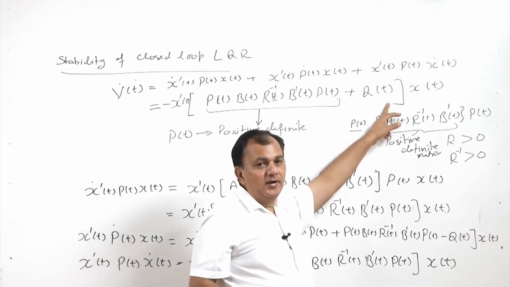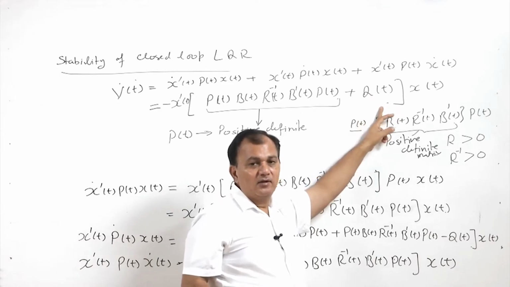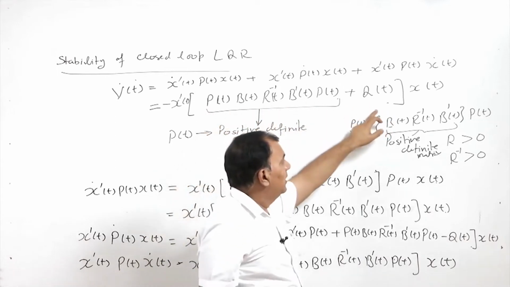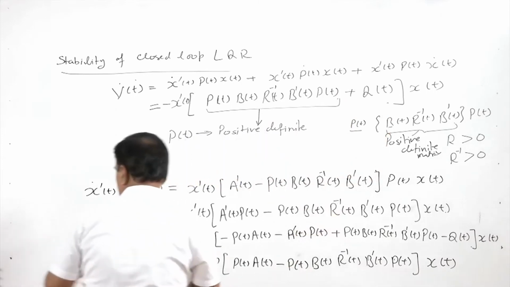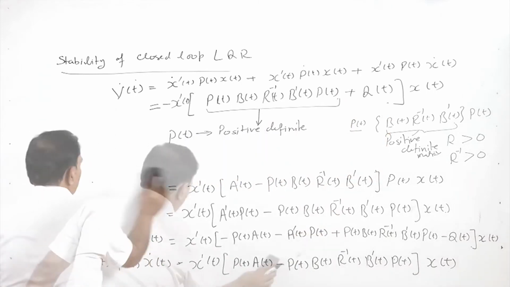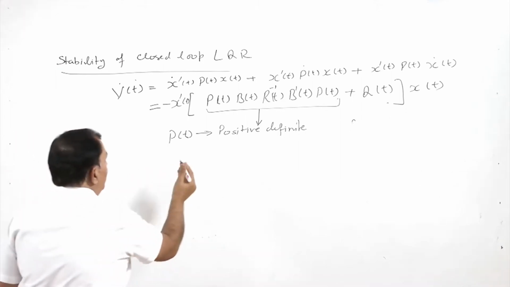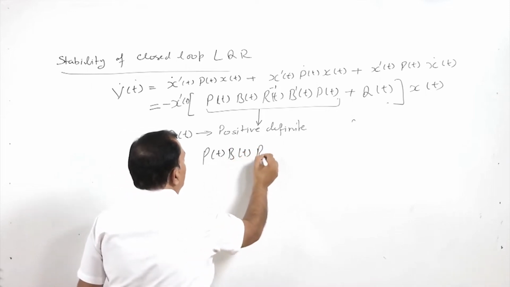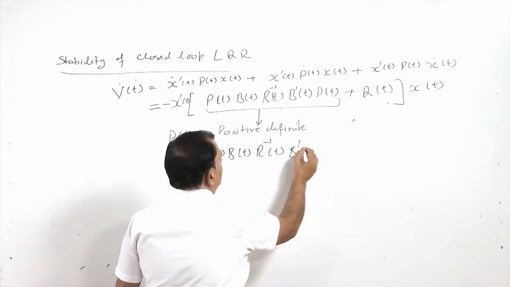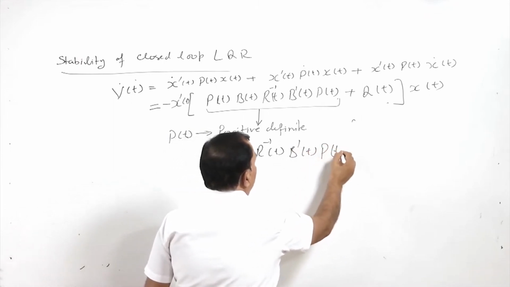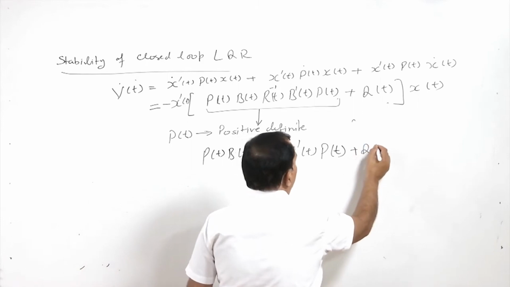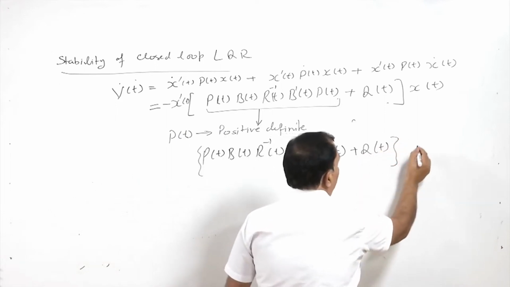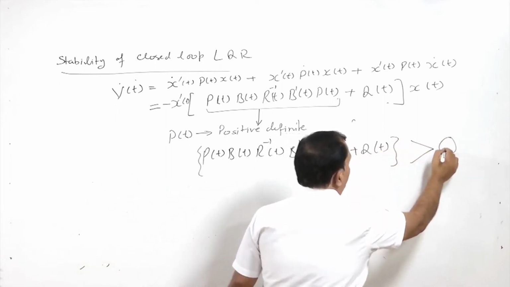Qt we have taken as a positive semi definite matrix. So, this means a matrix between x transpose and x, my Pt, Bt, R inverse, B transpose, Pt plus Qt, my whole matrix is a positive definite matrix.